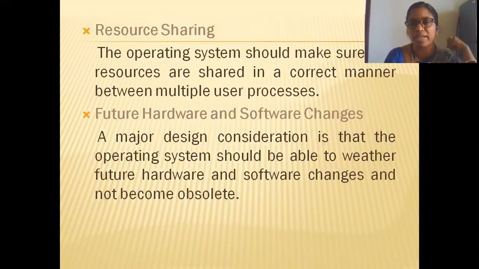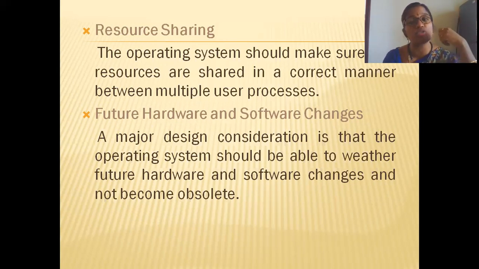What happens over there? A single processor is shared among different processes. In a time sharing operating system, a single processor is shared among different processes. So the resource is shared among different processes. So this is the responsibility of an operating system to share the resources correctly. So this is another design issue.